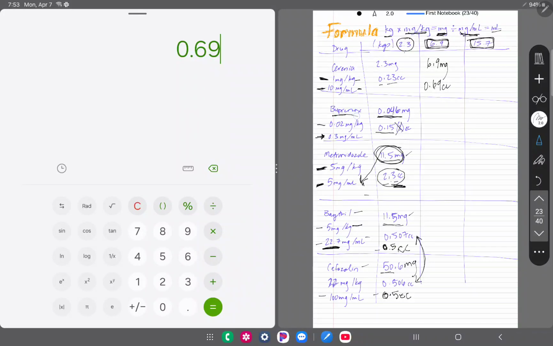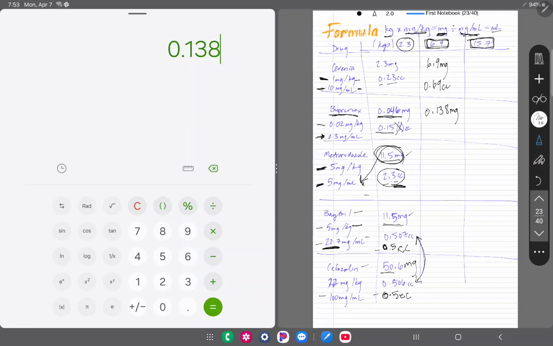Moving on to Buprenex, I have a 6.9 kg animal times my dose, or my mg per kg, which is 0.02, and that equals 0.138 mg.